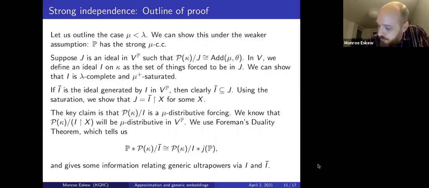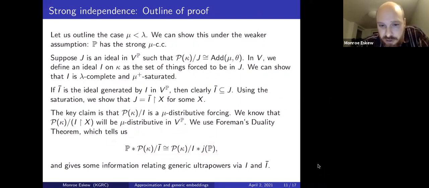So to prove this, we use Foreman's duality theorem, which gives us an isomorphism of precipitous ideals, so you can describe the structure of the algebra of the generated ideal. And so there's the duality because you have this very nice sort of switching the order of things equation.